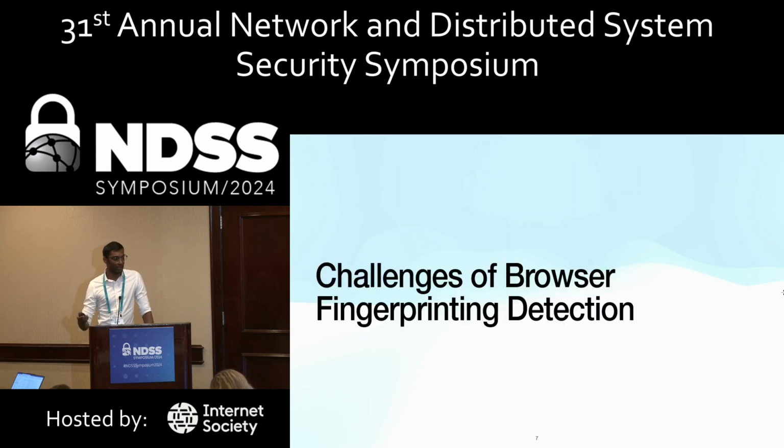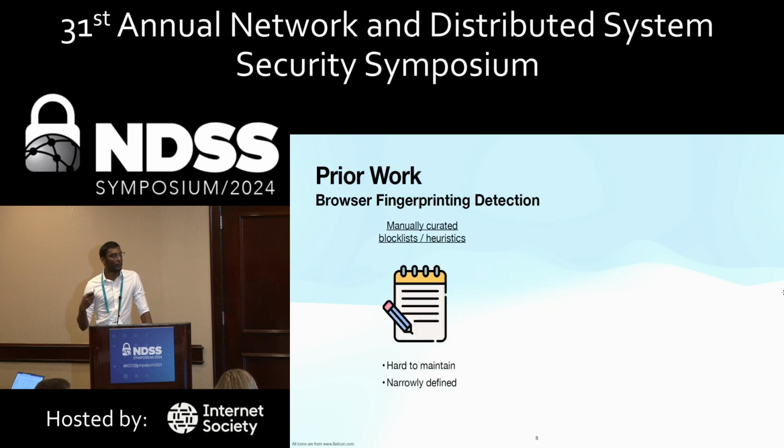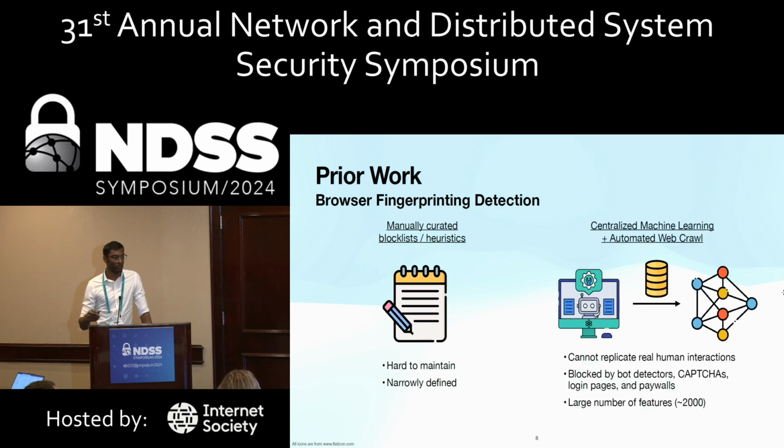One of the main challenges in browser fingerprinting is detecting it in the wild. Prior work has focused on manually curating block lists and heuristics. However, these are hard to maintain and are often narrowly defined, thus missing many fingerprinting scripts in practice. More recent work has also moved to using centralized machine learning techniques based on automated web crawls.